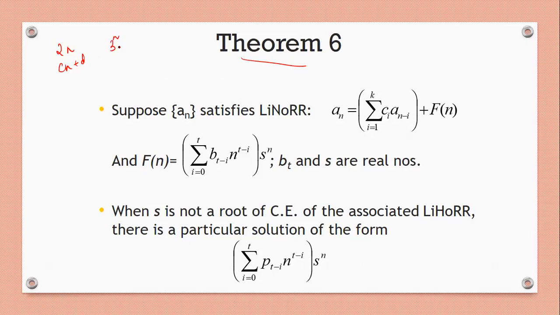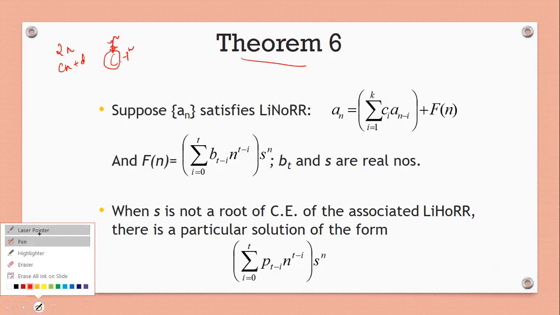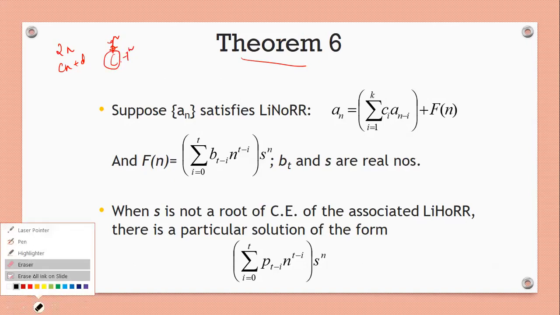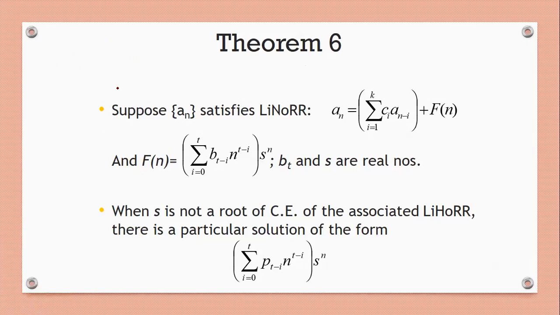And for 7 power n, which we did in the earlier problem, I took the particular solution as c into 7 power n, where c is some constant. So in this theorem, we will actually see how we get those particular solutions for both of those where we have a polynomial in n or nth power of a constant.